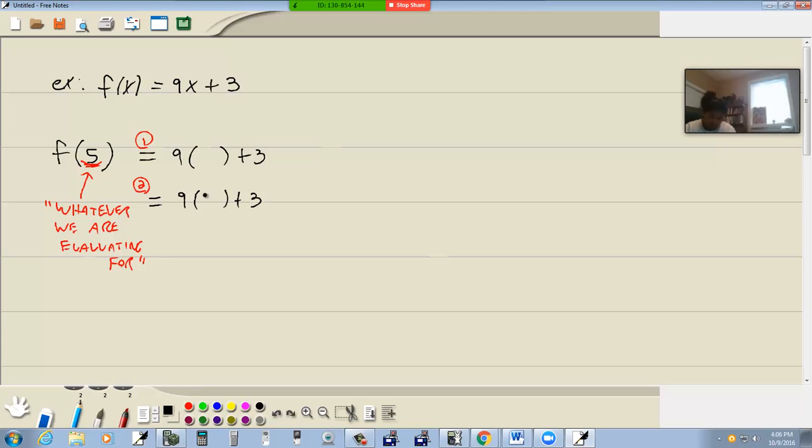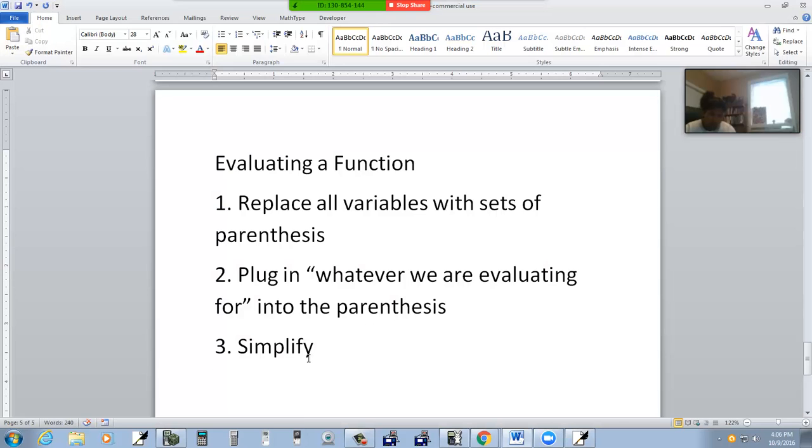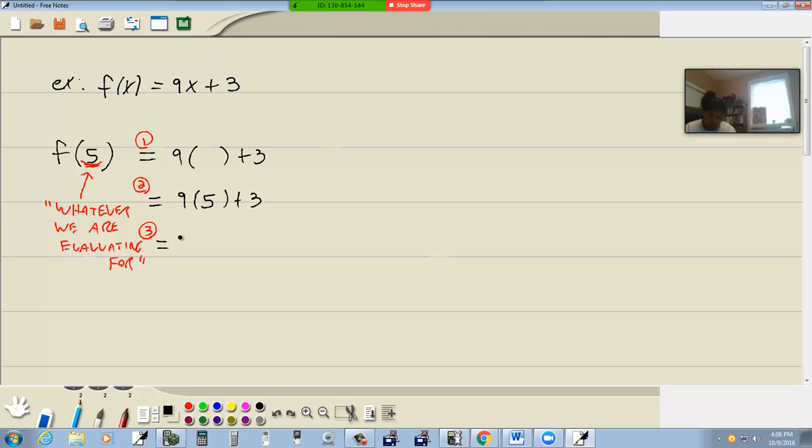We have a 5 here, so we're going to put a 5 here. And then step 3 is to simplify. 9 times 5 is 45, plus 3 gives us 48. And that's our answer.